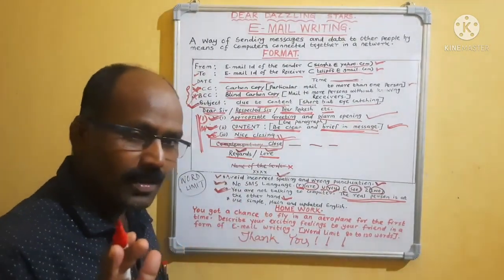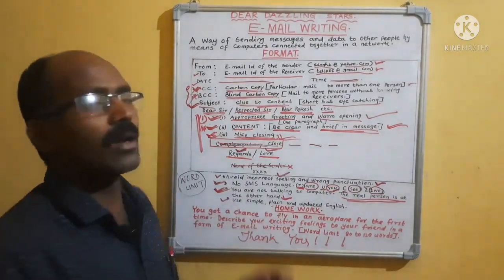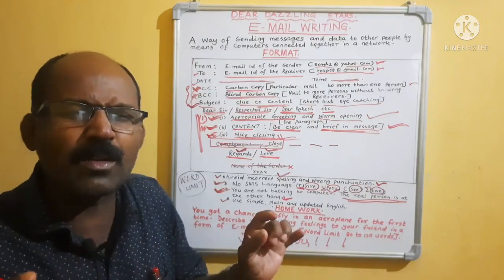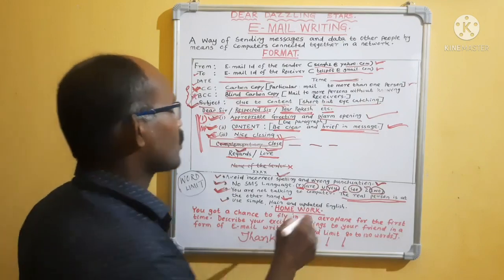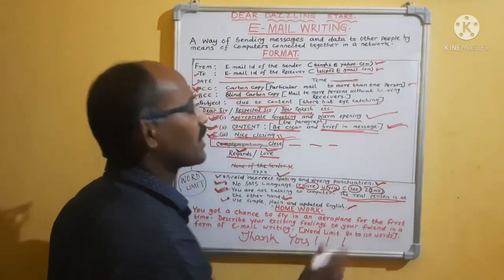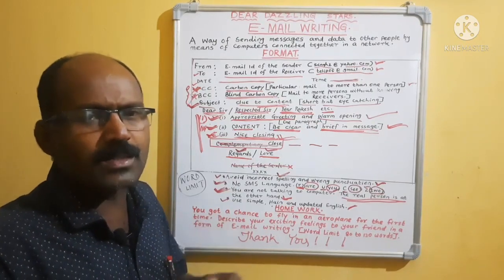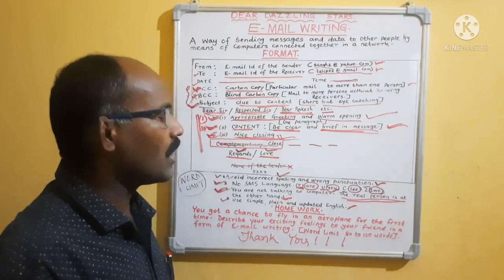And I am also telling you that you should use simple, plain and updated English. Simple, short, plain sentences, and also updated English. Updated English means if you are reading the newspaper and watching and reading many letters, then you will be able to understand.